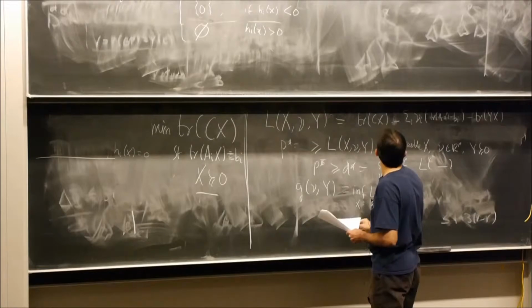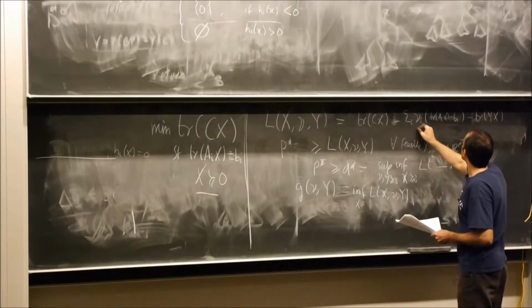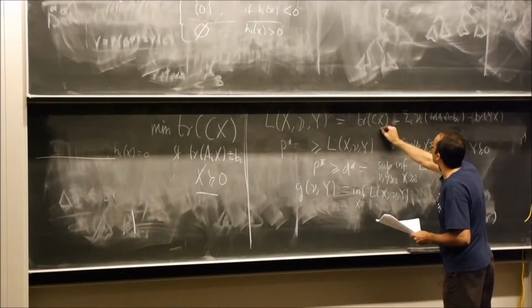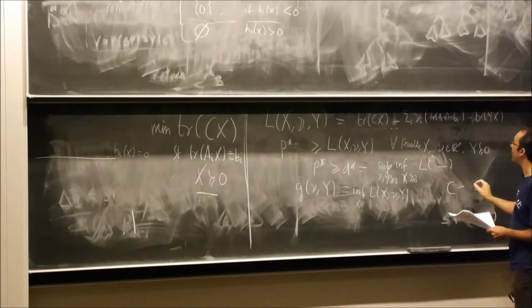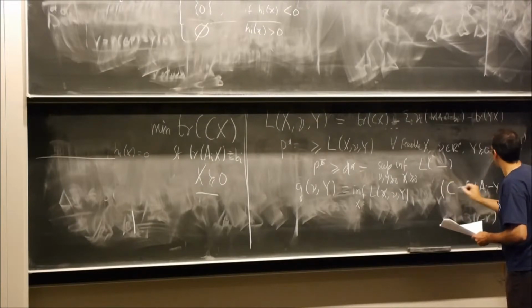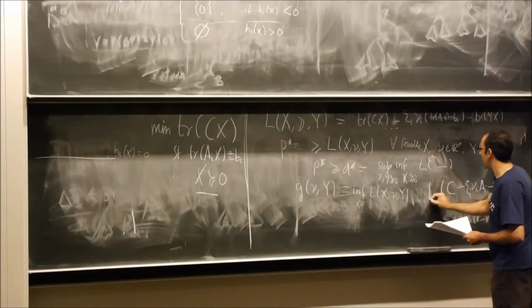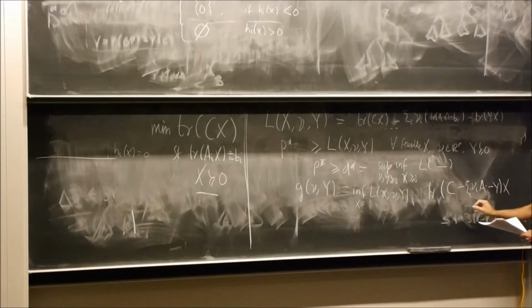So you can then see that the parts depending on X, if you put them together, they are like C minus sum of nu_i A_i minus Y, essentially trace of that times X, right? That's the part depending on X. I just collected them together.